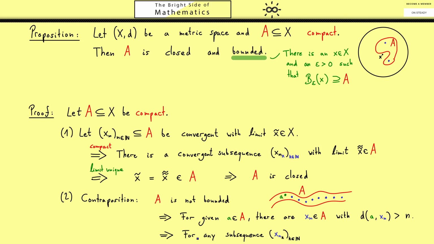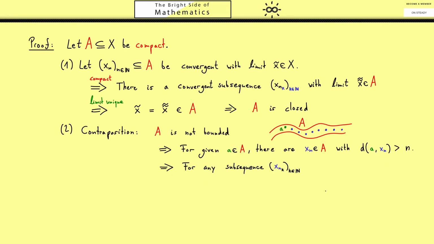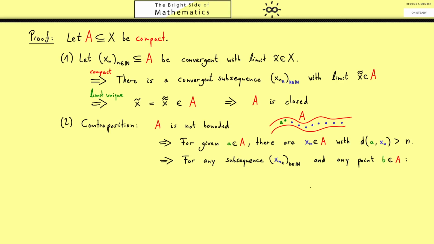Now, if A was compact, we would find a subsequence with a limit. Therefore, let's look at all possible limit points as well. Hence, we would be interested in the distance between the limit point b and the sequence x_{n_k}. Simply because if the sequence was convergent, this would go to 0. However, the only distance we know at this point is the distance between a and x_n.